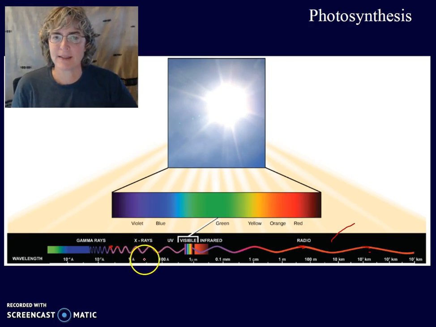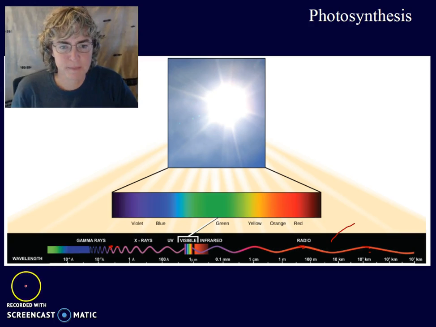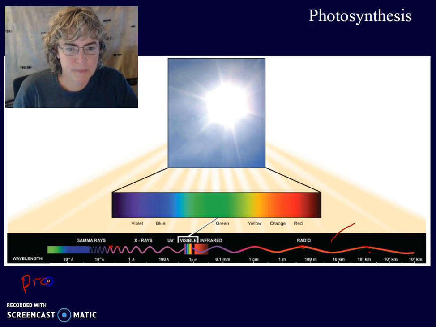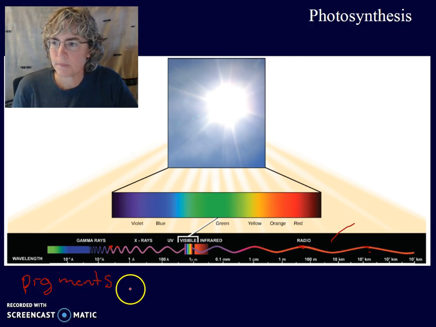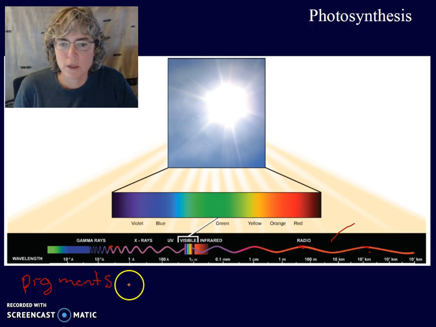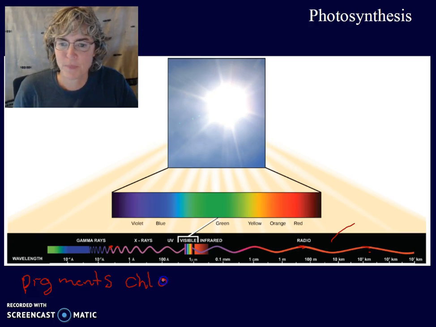So plants have chemicals called pigments. And these pigments can absorb that energy in the visible spectrum. So there's a certain pigment called chlorophyll A. Make sure I get this spelled right.